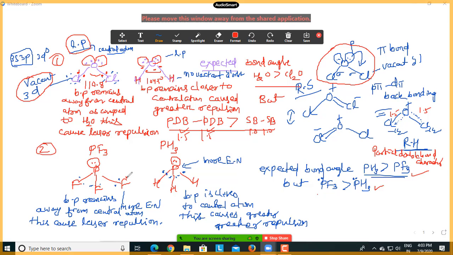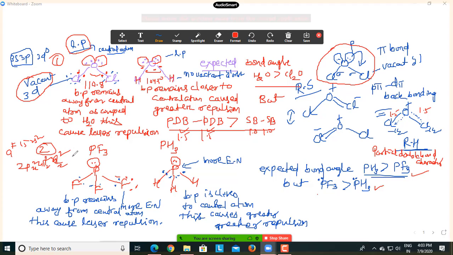Fluorine is 2p, filled: 1s2 2s2 2px2 2py2 2pz1. So 2d is not possible.